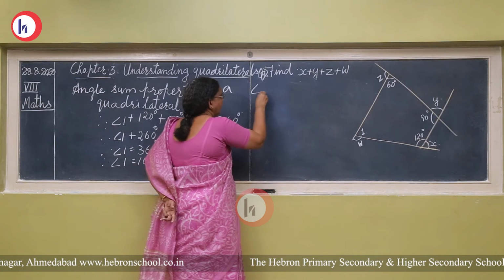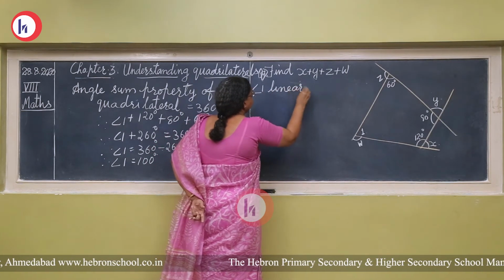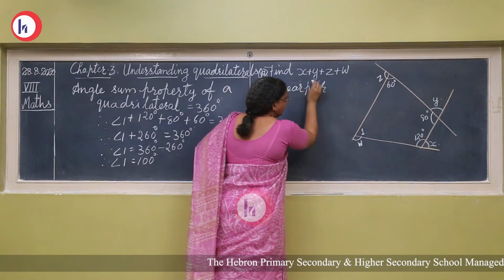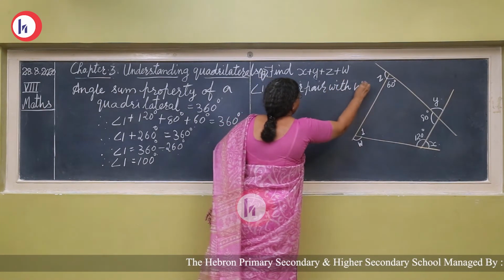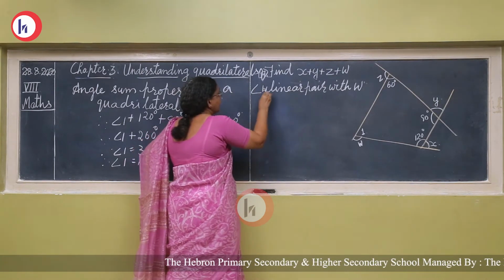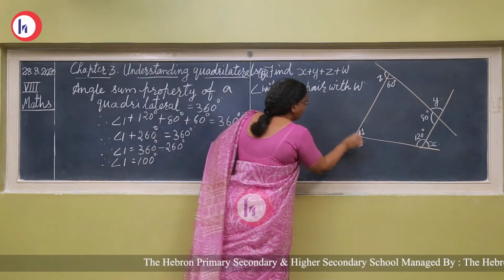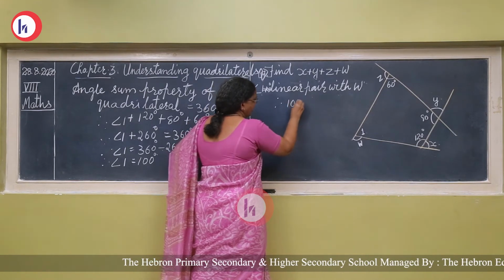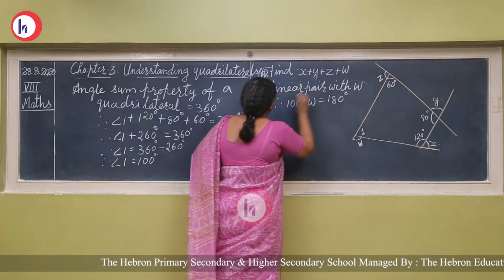Angle 1 is 100, and it is a linear pair with W. Therefore, 100 plus W is equal to 180 degree.